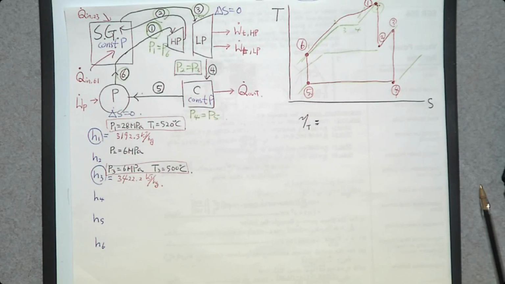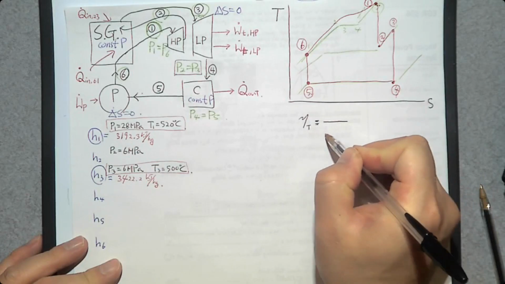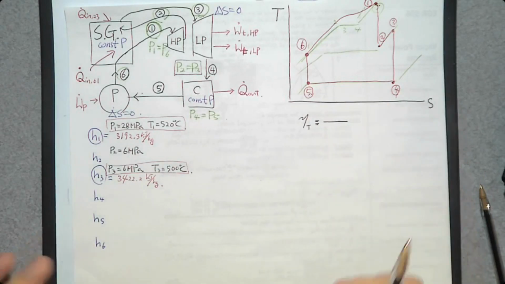So one of them is going to go to the denominator and the other one goes to the numerator. So you need to determine which one is greater between the turbine power produced by an ideal turbine and by an actual turbine.